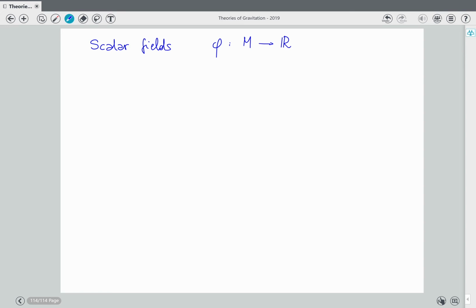If it is a function, you know that when you change coordinates in a chart, it changes like that. Before saying it doesn't change, let's just write what it does without claiming too much. The covariant derivative of a function, a zero-form with no indices, is just the exterior derivative.